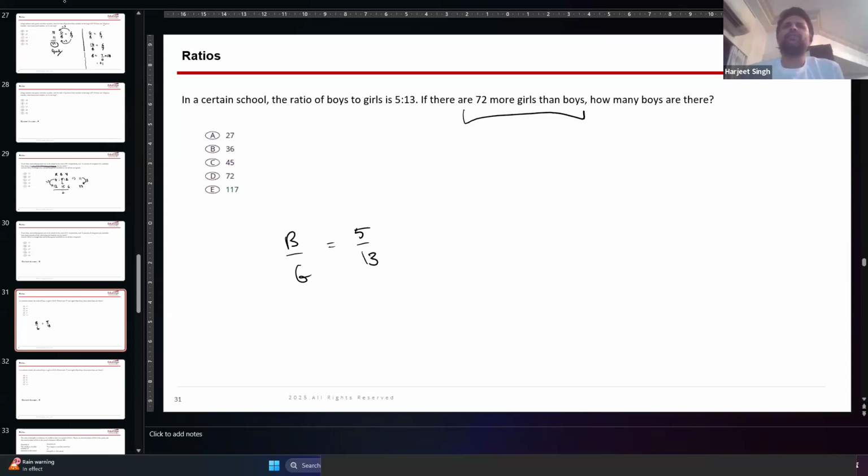So what is the equation here? Seventy-two more girls than boys. So can I say girls are more? So can I write girls equal to boys plus 72?